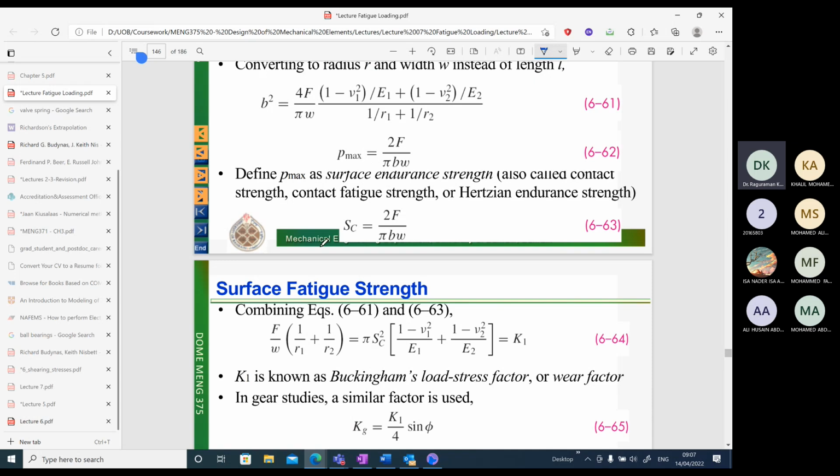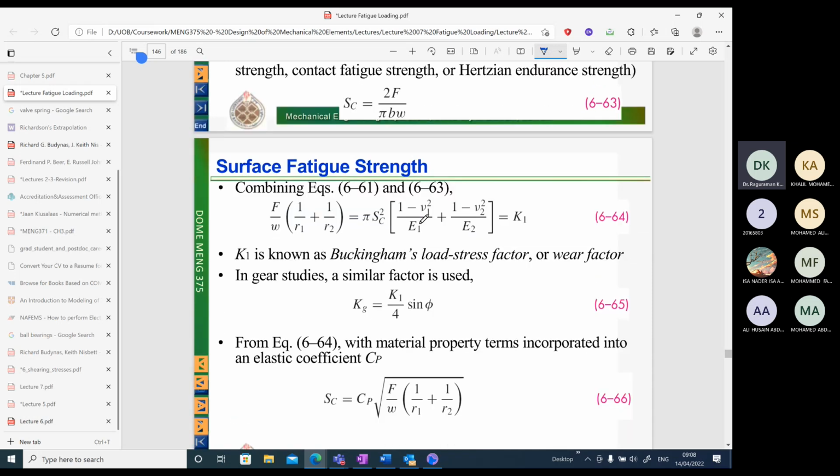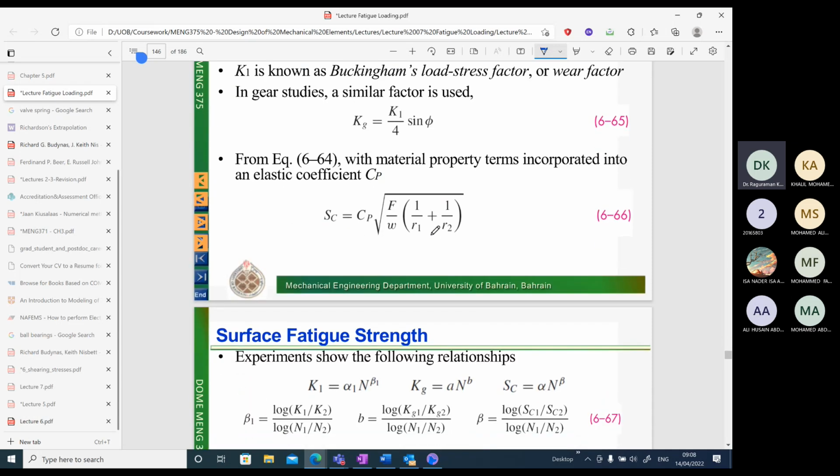After we define Pmax, we define what is called the surface endurance strength, which is represented as SC. C stands for contact, and this is the endurance strength. Finally, after combining certain equations, we get a relationship to figure out what stresses are acting on the component.